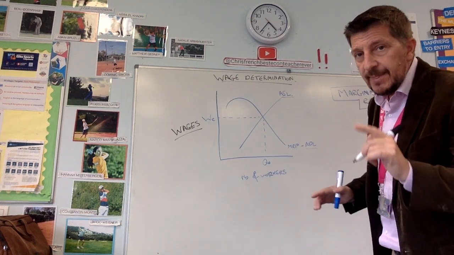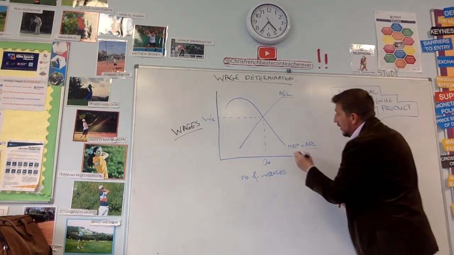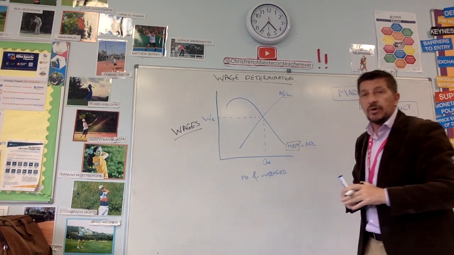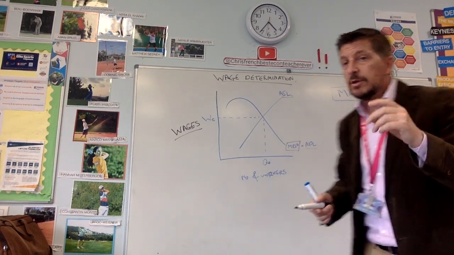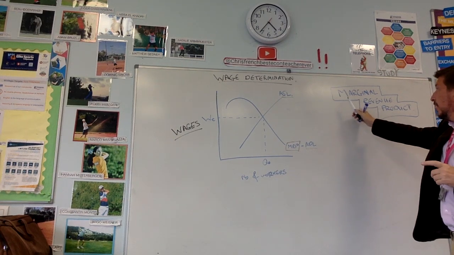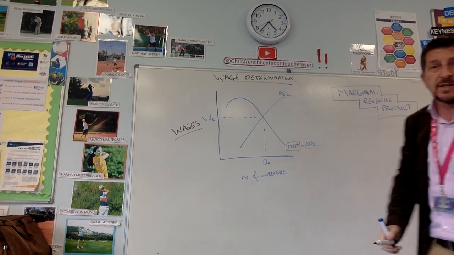Next, you'll see a second label on here. This is MRP. And this is a concept called marginal revenue product. MRP, marginal revenue product. So what does that actually mean?